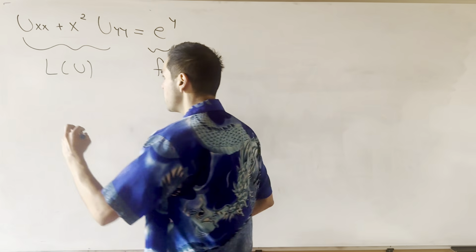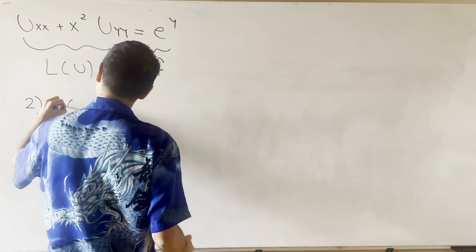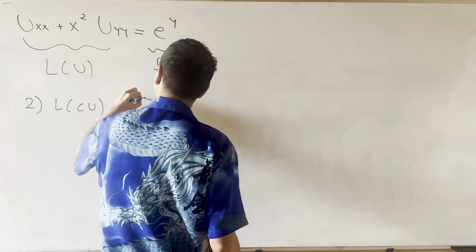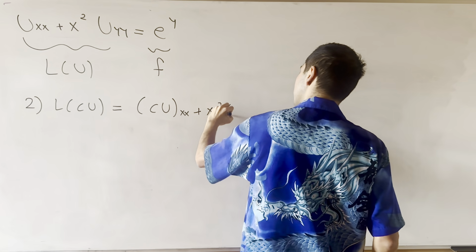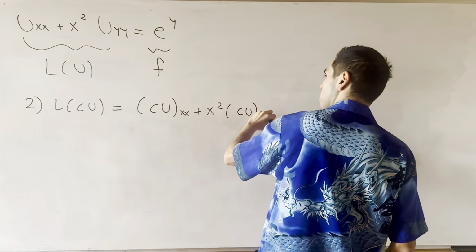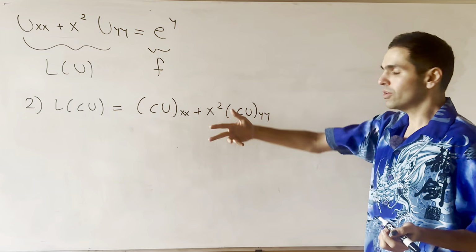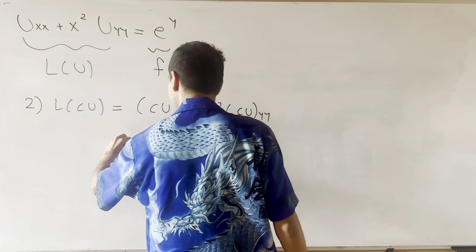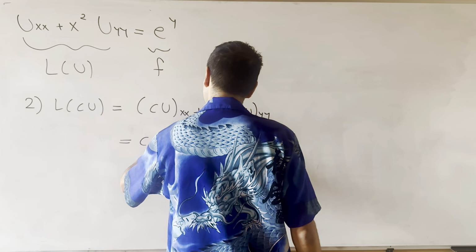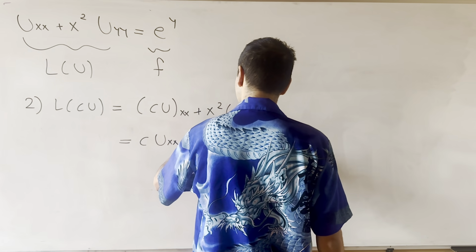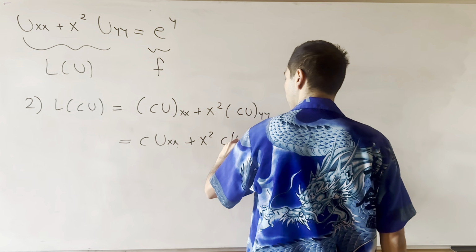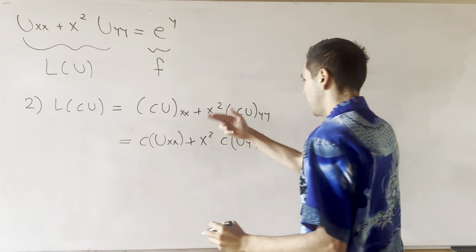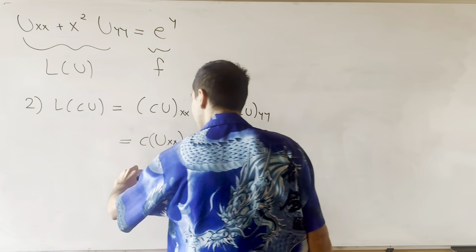And then let's do the same thing for scalar multiplication. So in this case, L of c u becomes (c u)_xx plus x squared (c u)_yy. And once again, we can pull the constants out of the derivative. So c u_xx plus x squared c u_yy. And now we can pull out c from this expression.